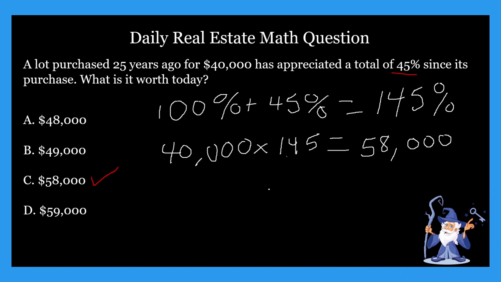I guarantee there's a few of you who did it a different way and got the correct answer, and that is totally fine. I'm just showing you what works best for me and for the students I've worked with in the past. If you have another way of doing it, great, and I encourage you to try both ways. But this is definitely a great way of doing it, and obviously we got the right answer, so it's good enough for us.